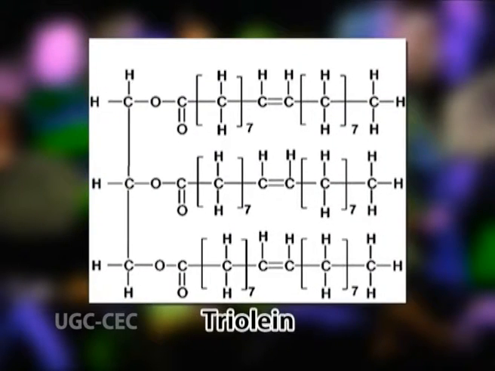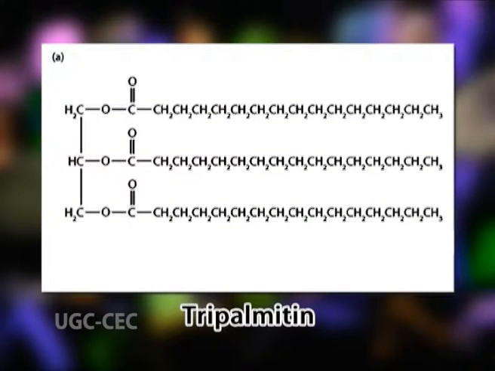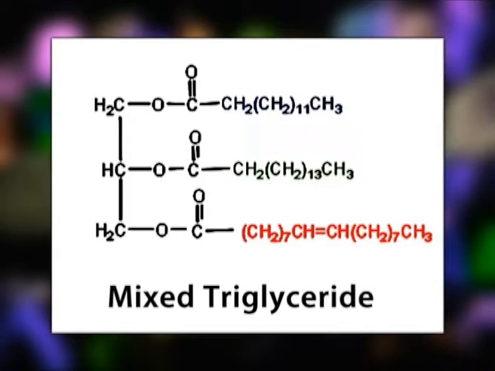In triolein, the fatty acid is oleic acid, which is joined to glycerol, while in tripalmitin, the fatty acid is palmitic acid. On the other hand, if more than one type of fatty acid is esterified with trihydric glycerol, the resultant triglyceride is called as mixed triglyceride.